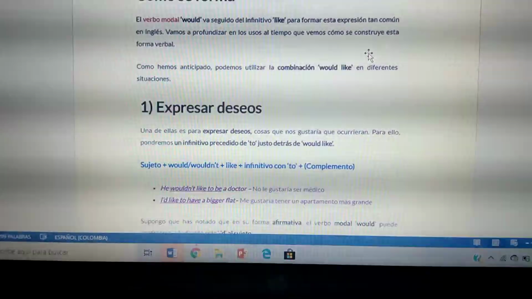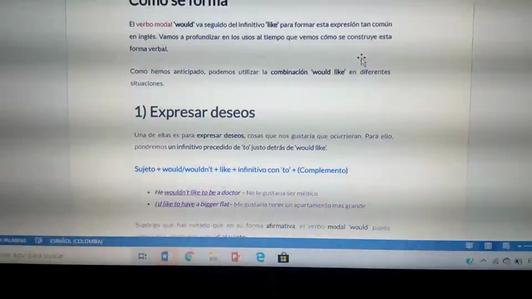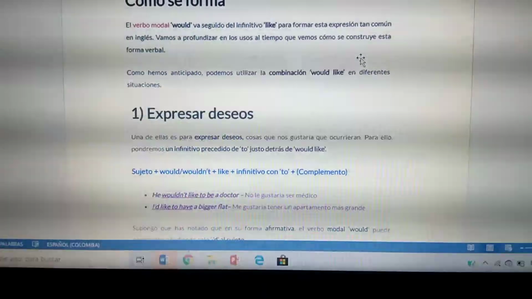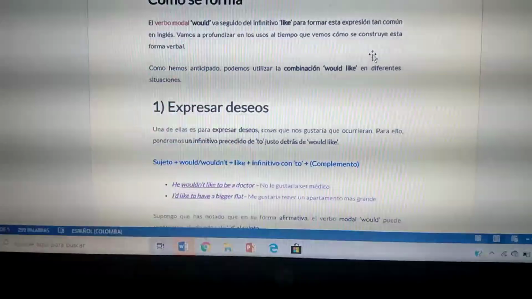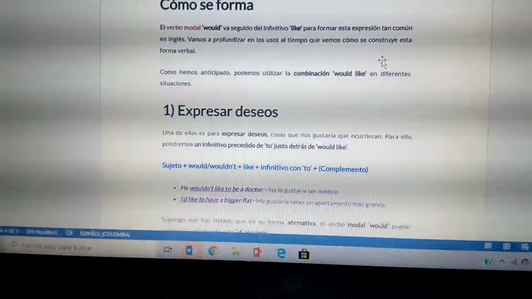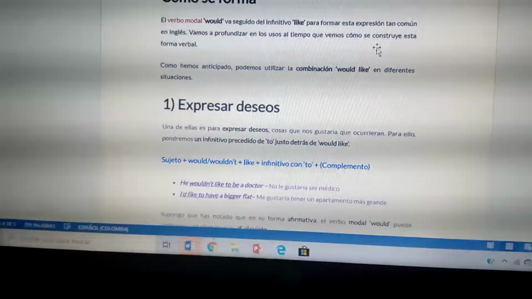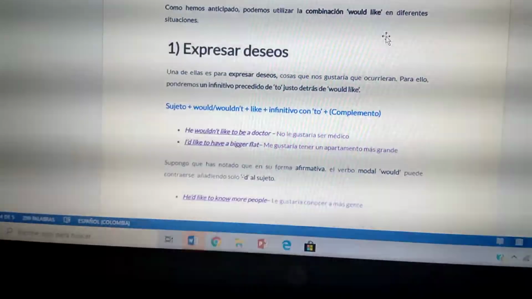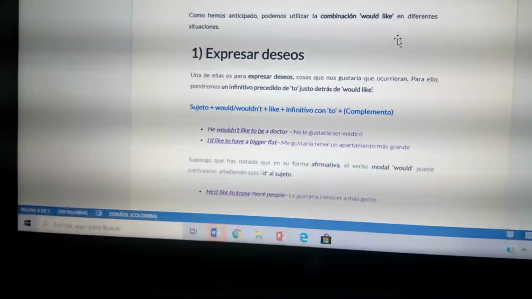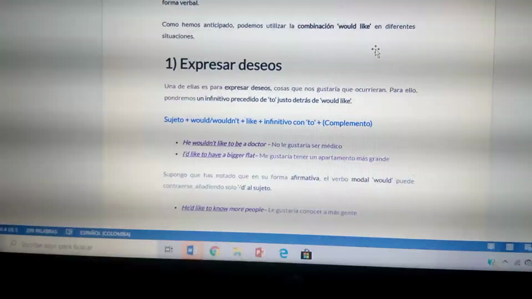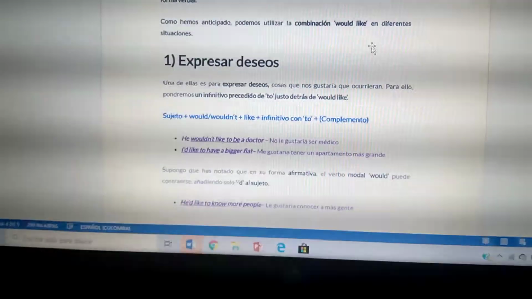We will deal with the uses while we see how this is built. Verb form. As we have anticipated, we can use the would like combination in different situations.